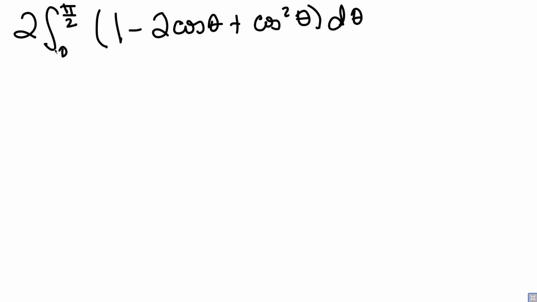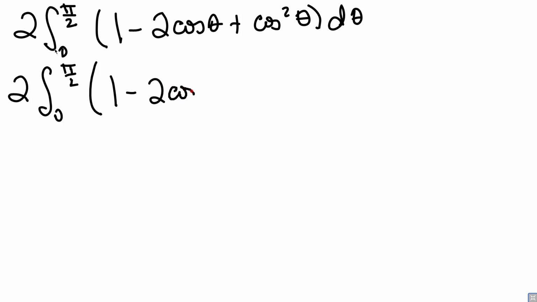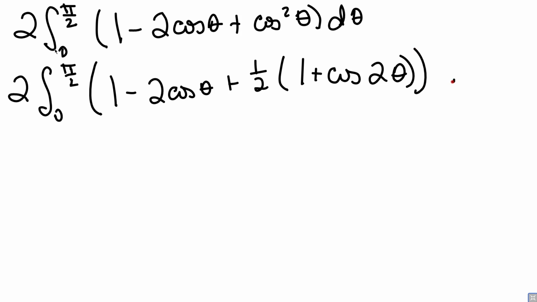All right, so I'm going to have to use a power reduction identity to rewrite this. So I'm going to have 1 minus 2 cosine of theta plus 1/2 times 1 plus the cosine of 2 theta, d theta.